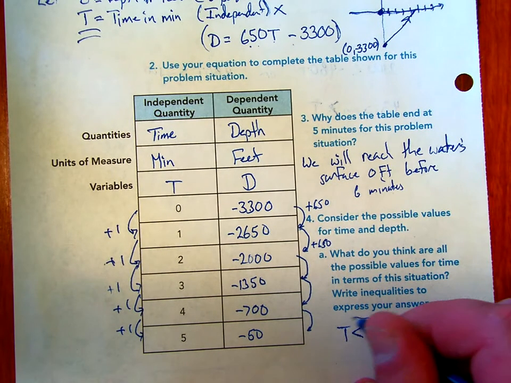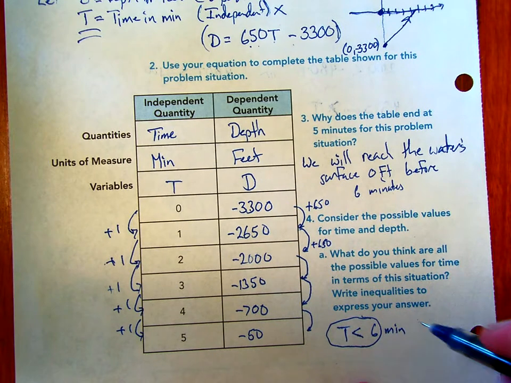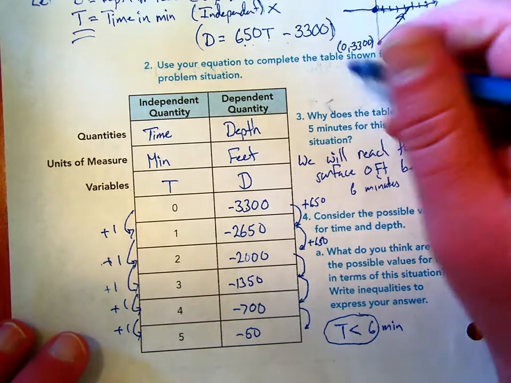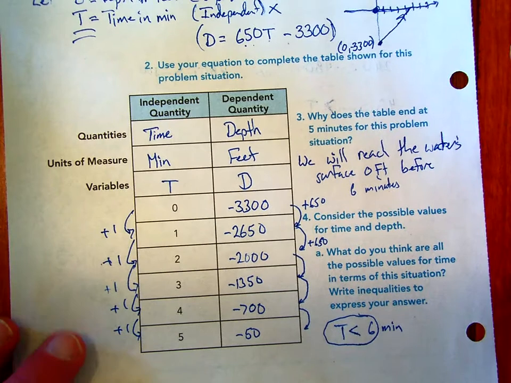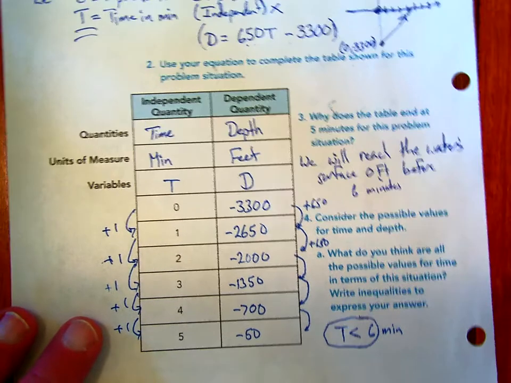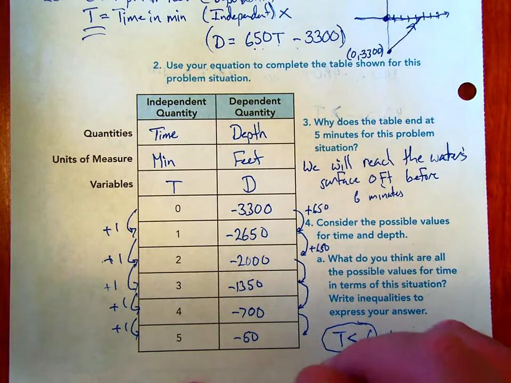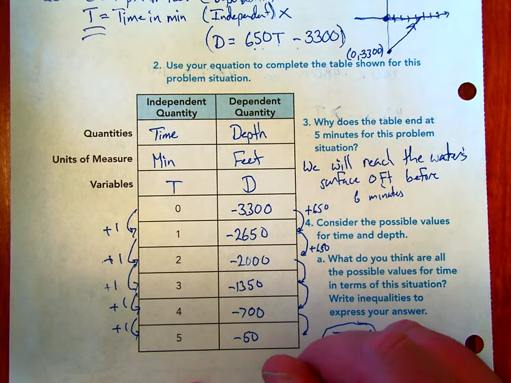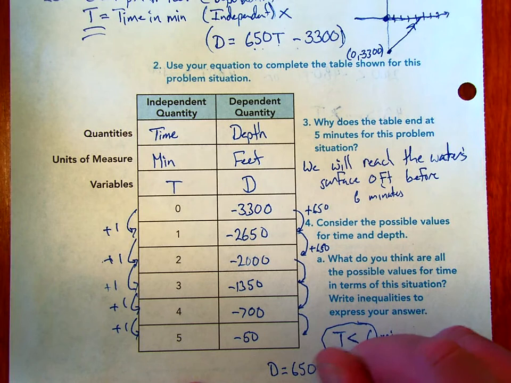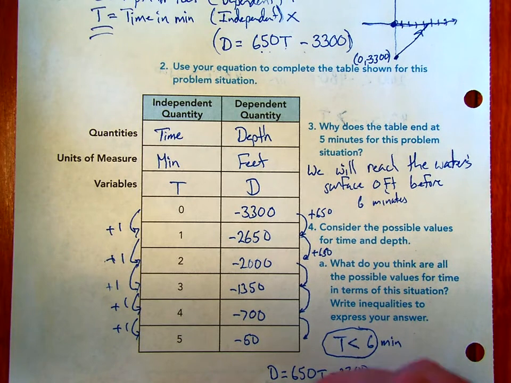And I could come a lot closer to that if I want to actually solve the equation and find the maximum when we're at 0. Again, my equation is d equals 650t minus 3,300. Well, how long does it take to reach 0 when depth is 0? 650t minus 3,300. Add 3,300 to both sides.